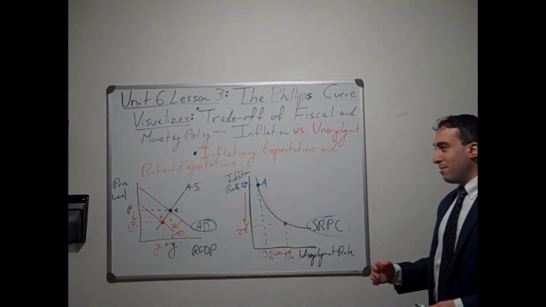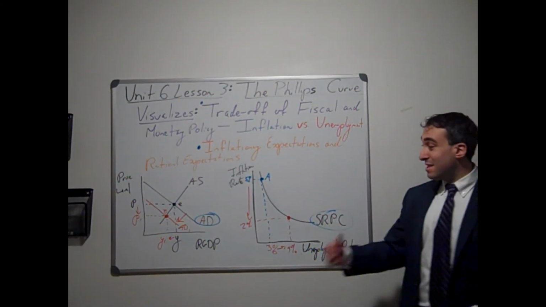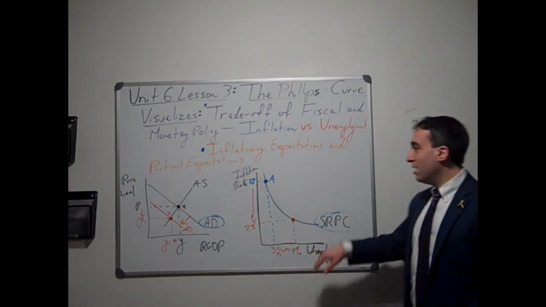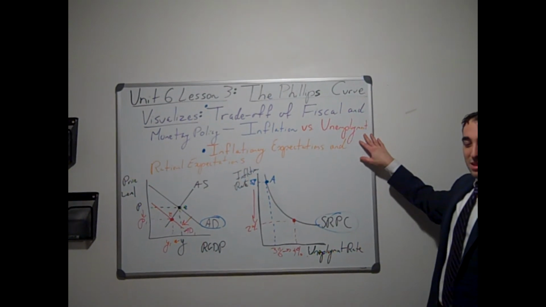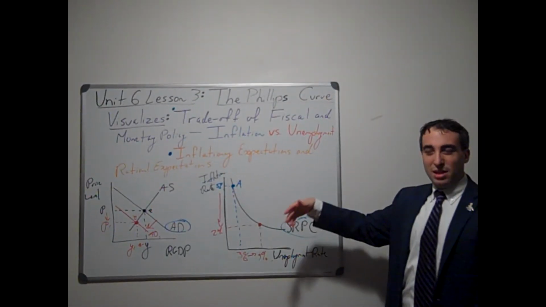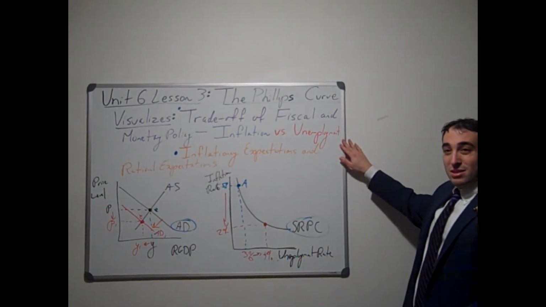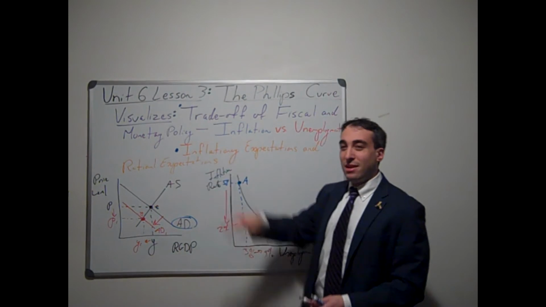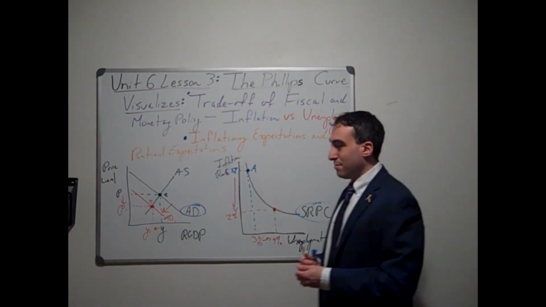So again, Phillips showing that if you specifically use demand side fiscal policy to solve inflation, you create unemployment. And before, in the first example, if you use demand side fiscal policy to solve unemployment, you are going to create inflation. You can't have your cake and eat it too with aggregate demand.